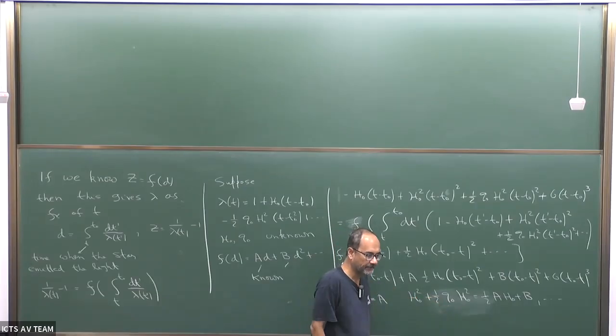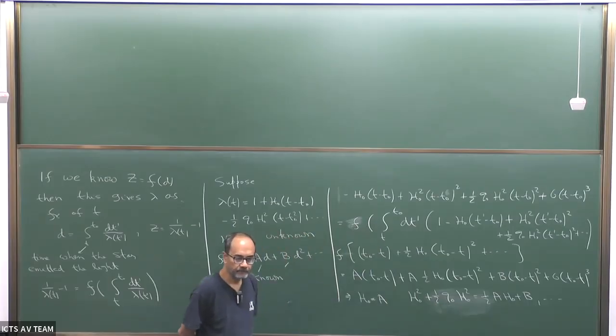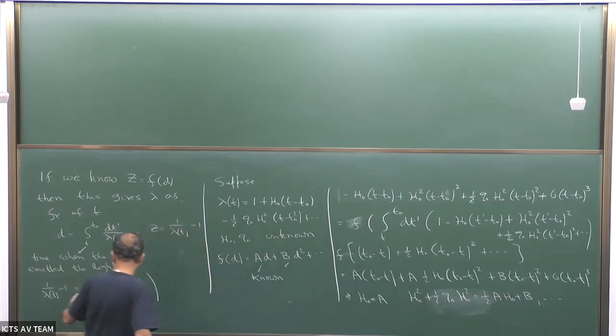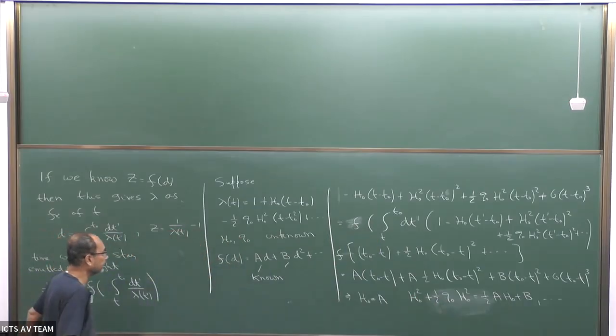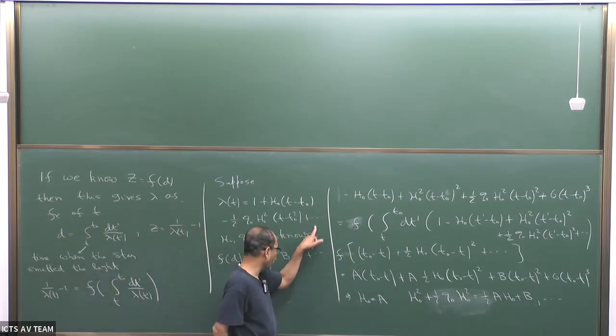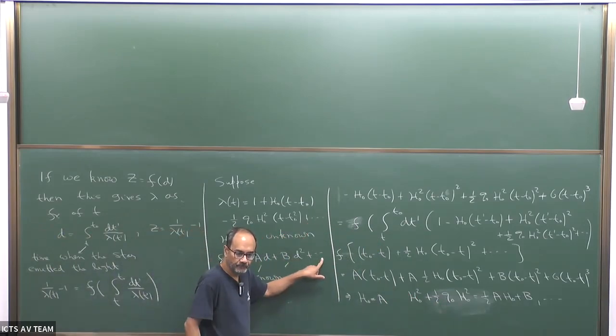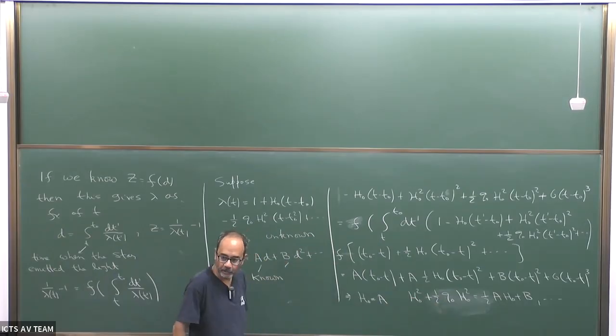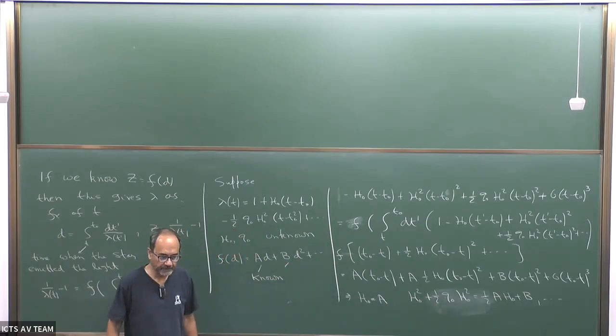If you want to do a series expansion, then you can calculate all of these terms from the f of t. Okay, to calculate the next order term in the lambda expansion, we need the next order term in this. Right? You need the order d cubed term to calculate the t minus t naught cubed term in the lambda expansion and so on.